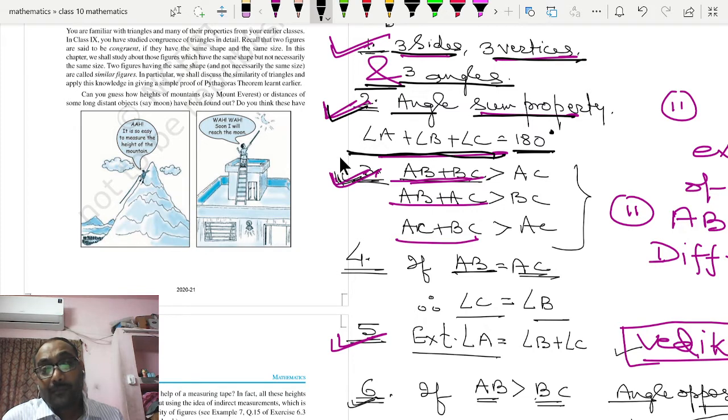Okay, the triangle may be of any type: equilateral, right angle, isosceles, scalene, acute angled, obtuse angled, but the angle sum property is constant, that the sum of the angles of a triangle is always equal to 180 degrees.